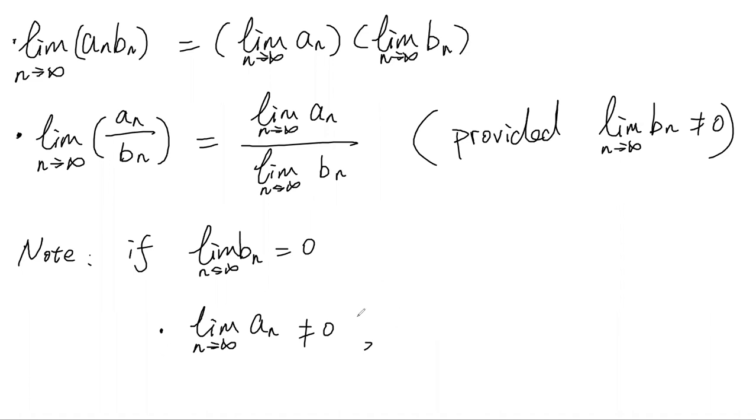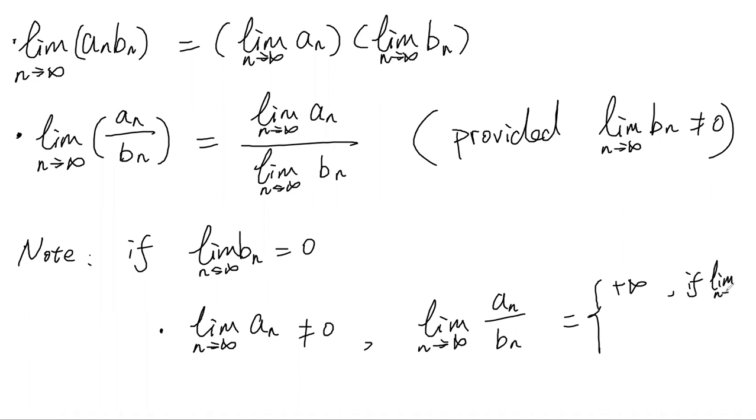Then in this case, the limit as n goes to infinity of a sub n divided by b sub n is equal to positive infinity if the limit of a sub n is greater than 0, and is equal to negative infinity if the limit of a sub n is less than 0. Basically, it's a positive number divided by 0, or a negative number divided by 0, which gives you plus infinity or negative infinity, respectively.